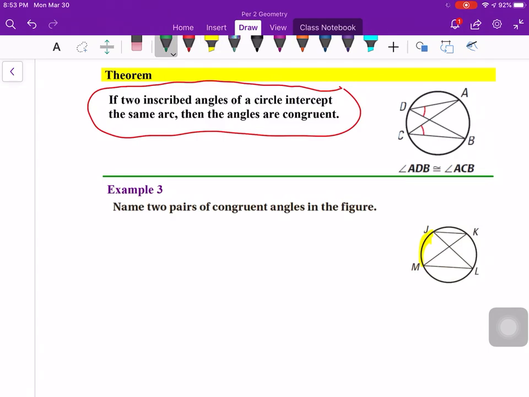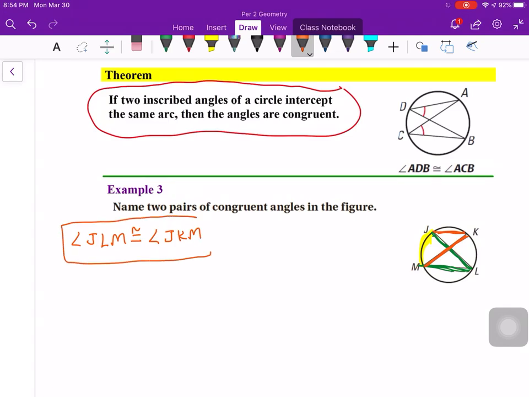Well, first of all, this arc right here, arc MJ, actually has this inscribed angle associated with it, and it has this inscribed angle associated with it. So that means that angle JLM is congruent to angle JKM.